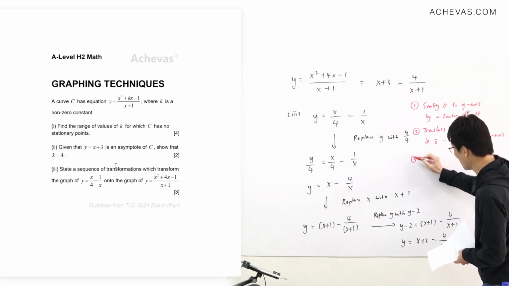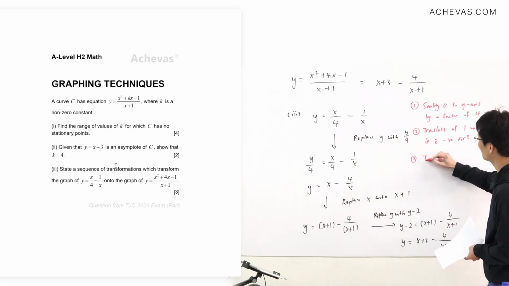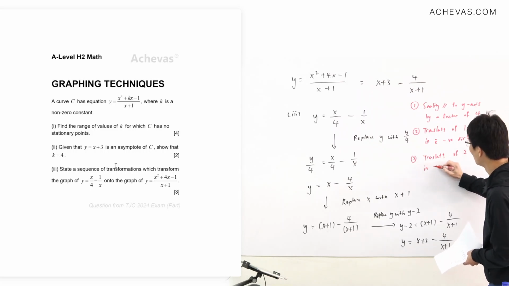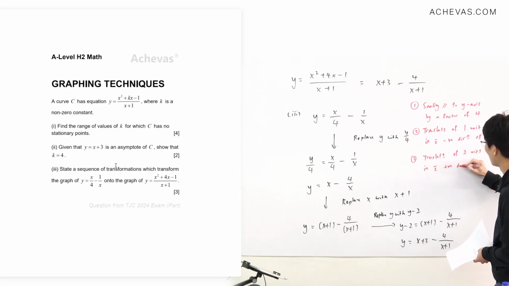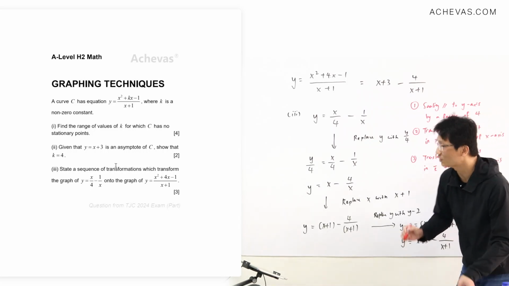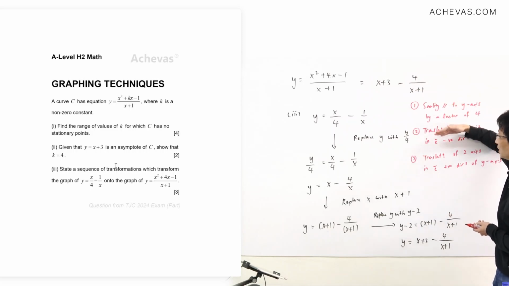And finally, replacing y with y minus 2 is a translation of 2 units in the positive direction of the y-axis. When we are doing this description, we are following this particular order.